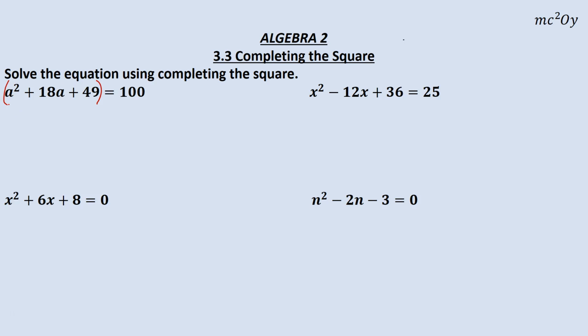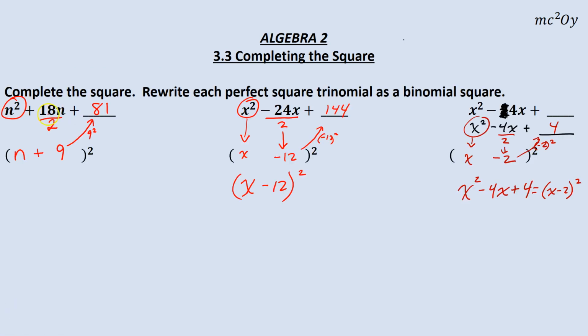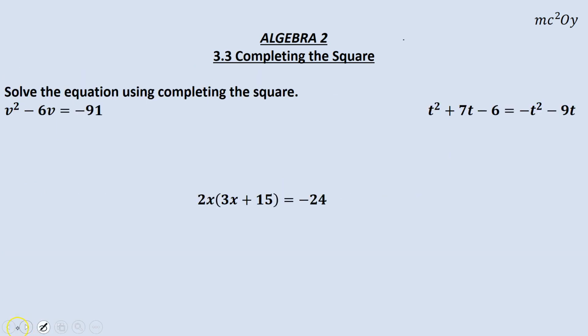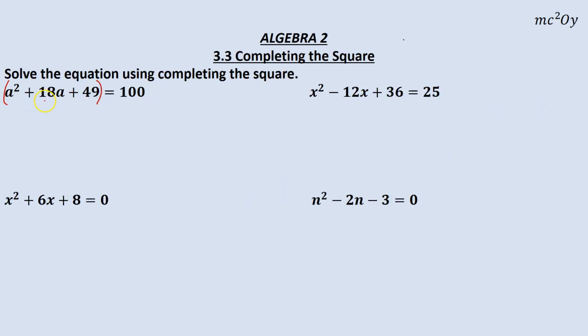The way I'm going to check that is by what I did here. Take half of it and square it. Well, oops. Half of this is 9. Squared is 81. Obviously, we just had that same piece on the other problem. So that's not going to work here. So this is not a perfect square trinomial.